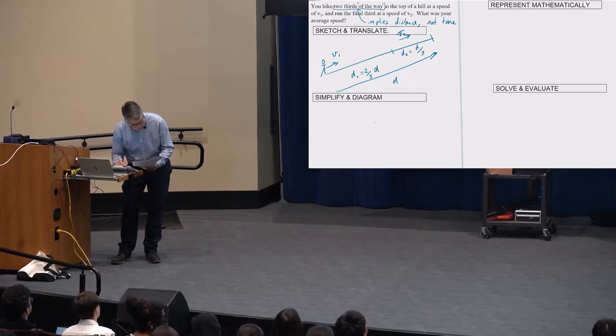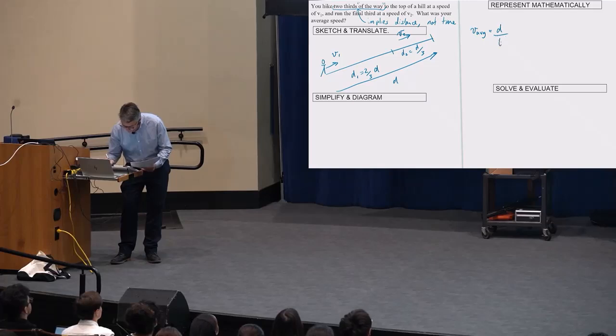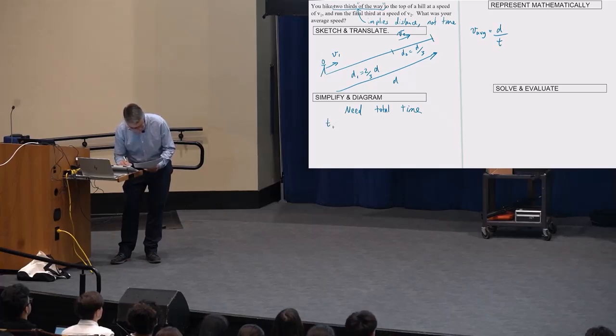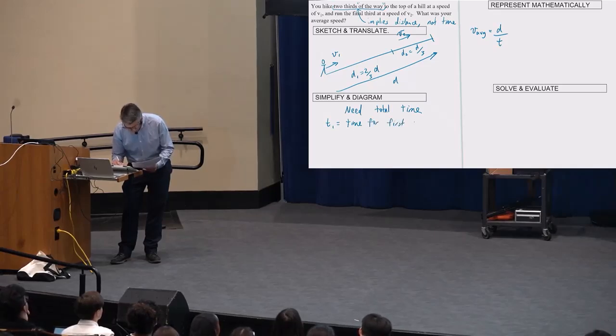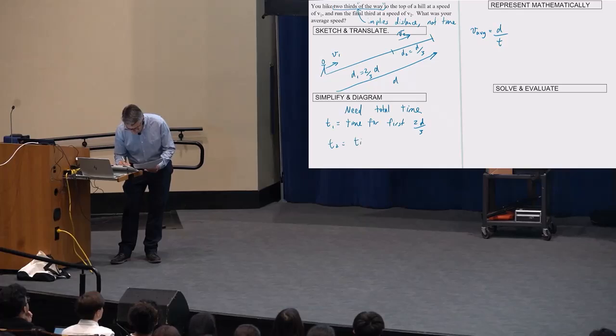So what we need, I guess, is V average equals D divided by the time. So what we need is the total time. Because we have D, T1 is the time for the first 2D over 3, and T2 is the time for the last D over 3.